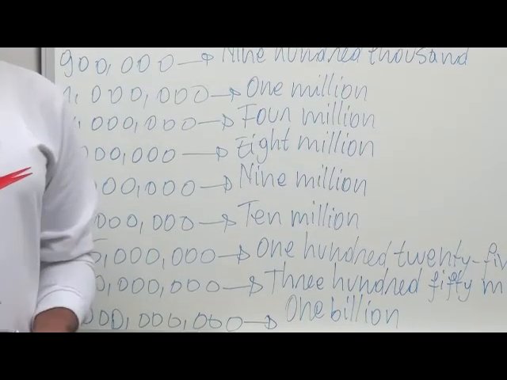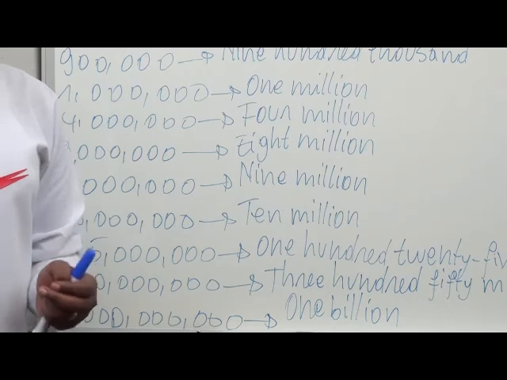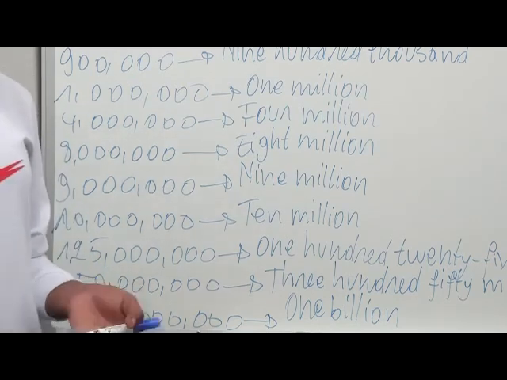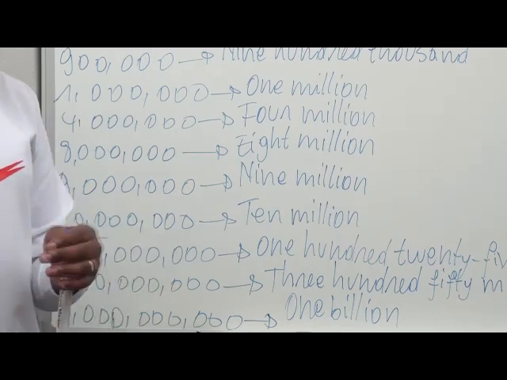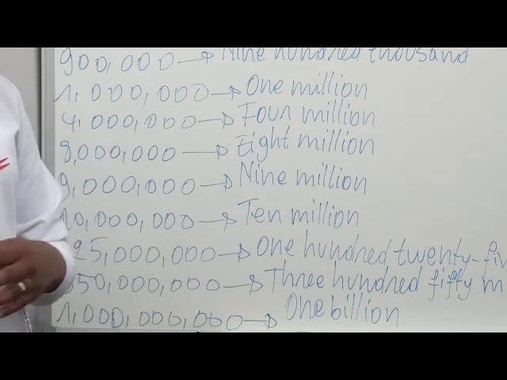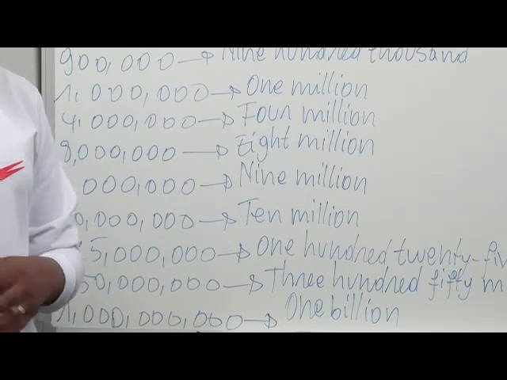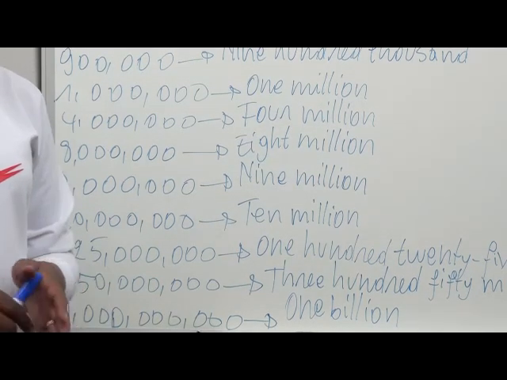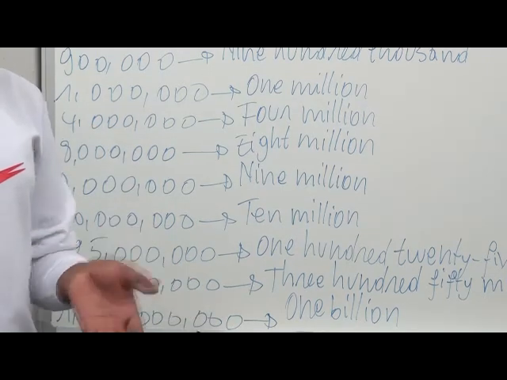Some people who know French tend to say, in French, milliard. So don't be tricked. In English, billion is different from French milliard. But in French, million is always million.